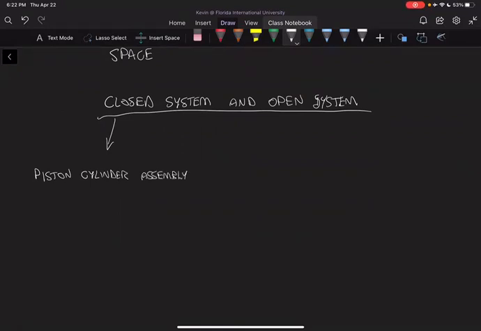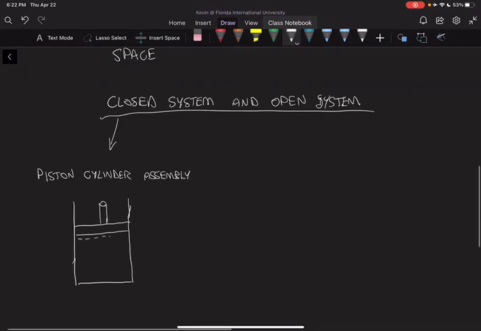A piston cylinder assembly as a system looks something like this. We're going to be drawing a lot of piston cylinders over the semester because this is the simplest system that we can study. You would have a system that looks something like this, and our system would be defined by this boundary.